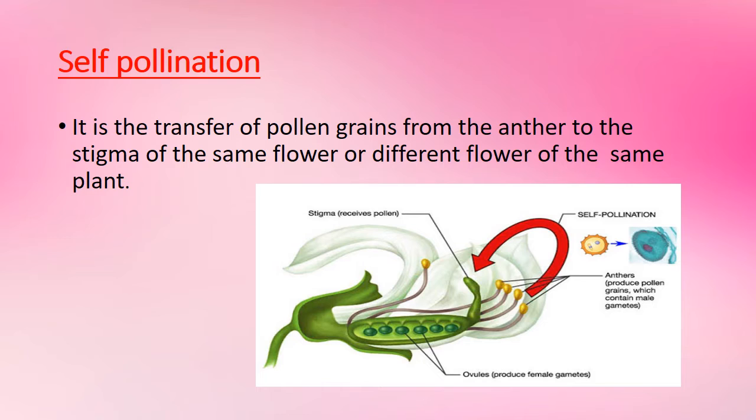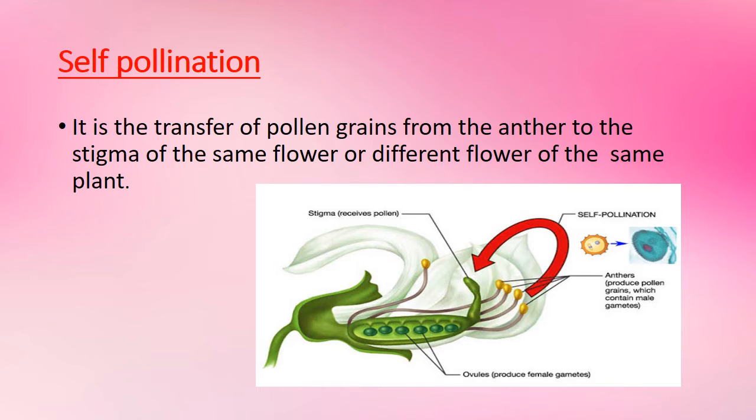It will be more clear with this picture. As you can see, self-pollination occurs in this picture. We can see anthers. We all know that they produce pollen grains, and these will be transferred to the stigma. It can be of the same flower.